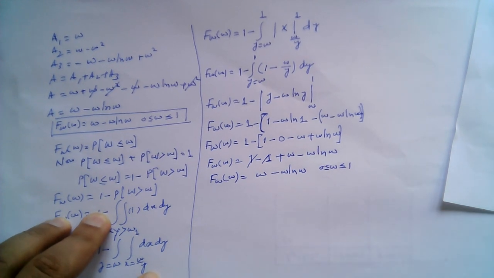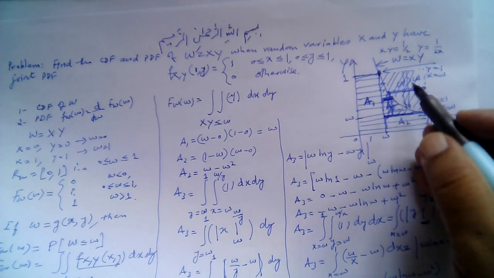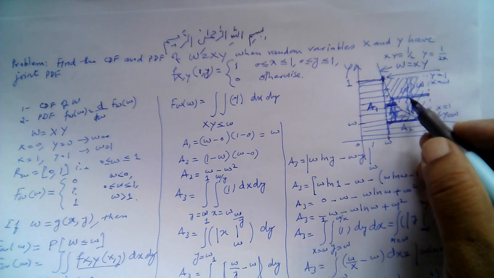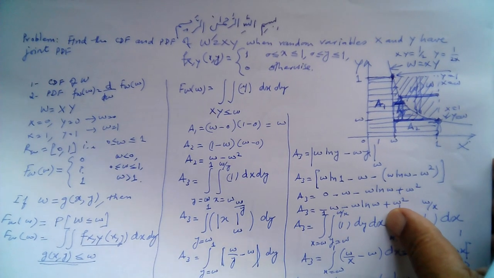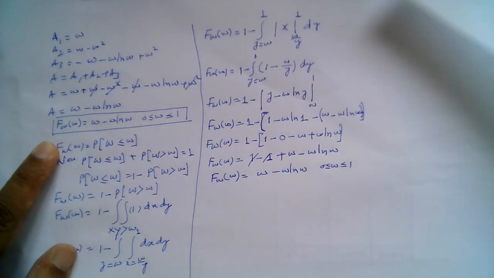Again, we could have assumed this strip in this vertical direction and integrated along this line to find F_W of w in a different way, but I leave it to you to do that. For now, we can summarize our results here.